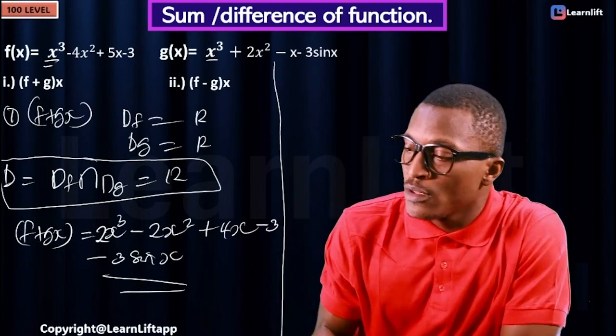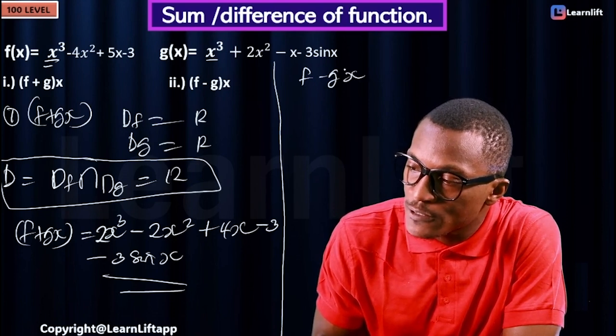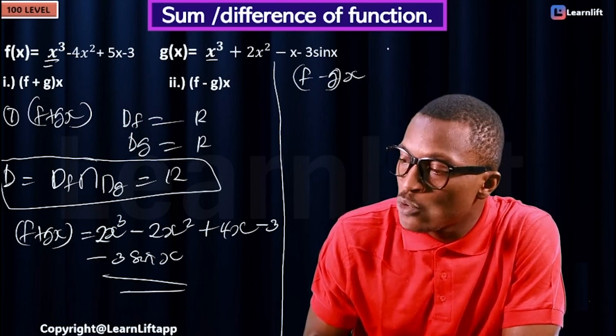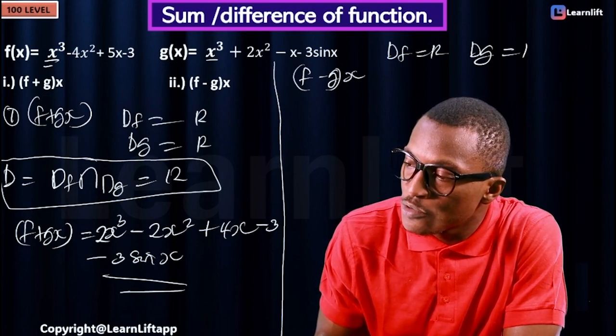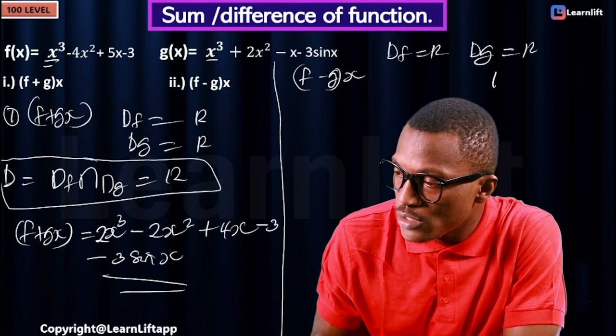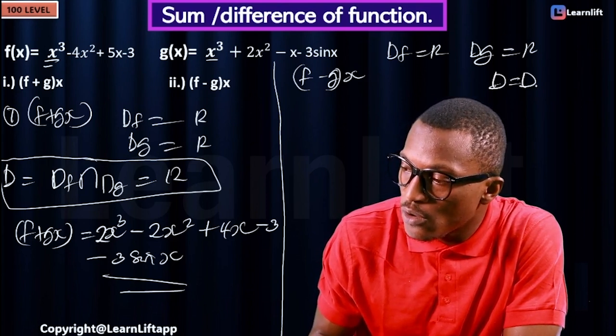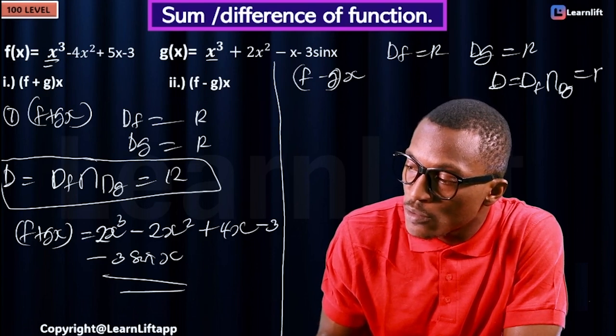Nothing hard there. Let's find (f - g)(x) now. First of all, we already know their domain: domain of f is real numbers, domain of g is real numbers. So their general domain becomes domain of f intersect domain of g, which is real numbers.